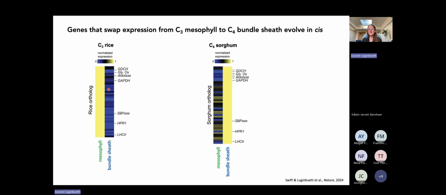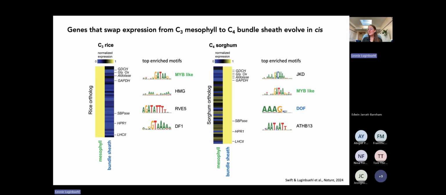And if we look at the cis elements in these genes, we find that, as expected in rice, we have these MIB-like transcription factors that bind to these cis elements and activate gene expression in the mesophyll. So this is what we saw before as well. But now the same genes here, in sorghum, start being enriched in the DOF binding site. So we again see AAAG coming up in these DNA sequences, which means that this is what we now think is an evolution in cis.